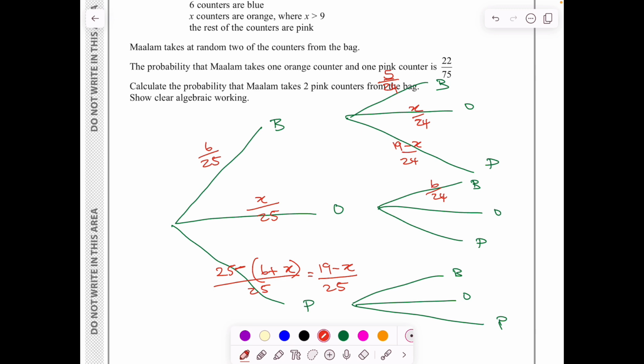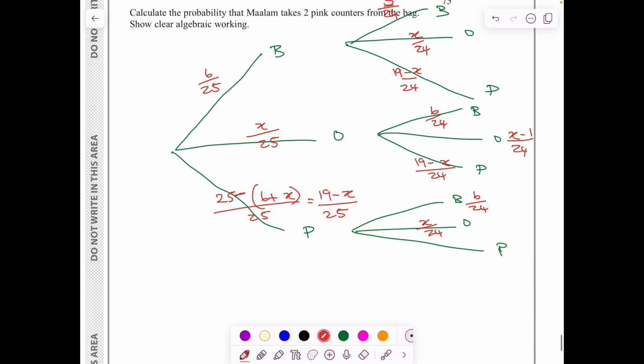This becomes X take away 1 over 24. And this one stays as 19 minus X over 24. Last one then, blue stays as 6 out of 24. Orange stays as X over 24. And because if I chose pink before, then it's got to be 1 less, that becomes 18 take away X over 24.